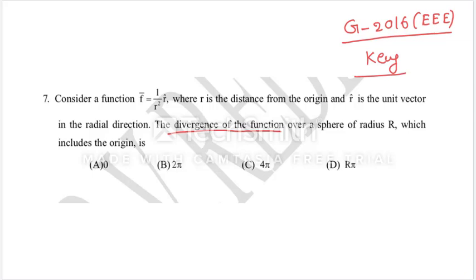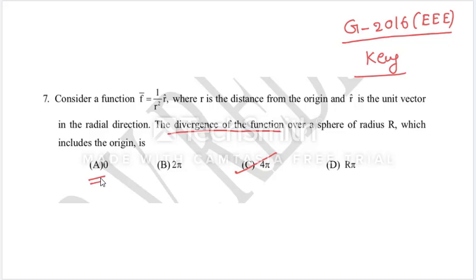The answer is not 0. The answer is 4 pi. I will tell you how to approach this, and you just cross check. Most of the institutes have given 0 as the answer, and that is a wrong answer. Almost all the top institutes, I don't want to mention names, but it is 4 pi. I will tell you how to proceed and what the actual thing is here.